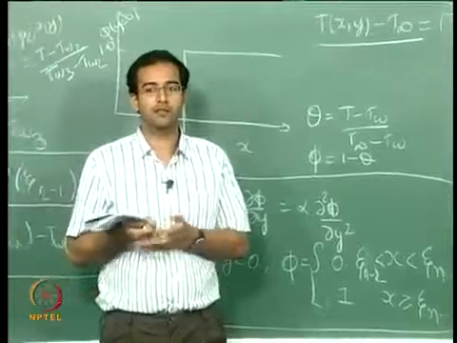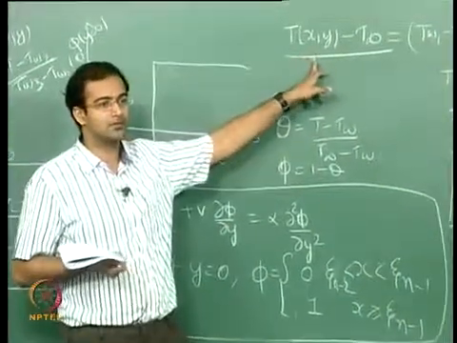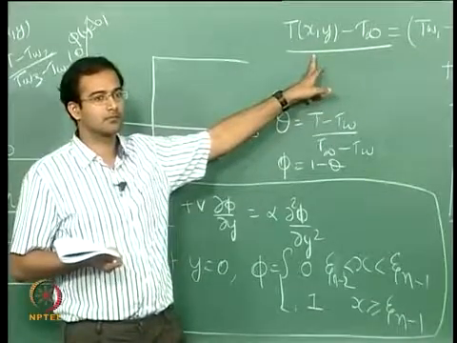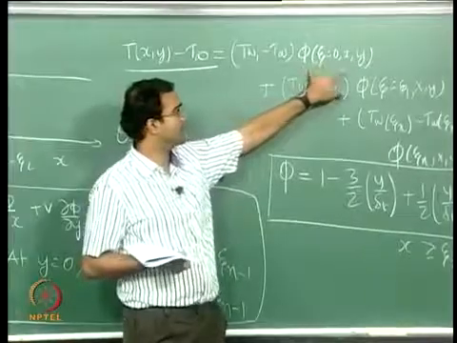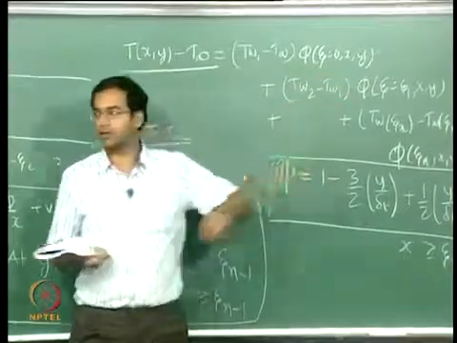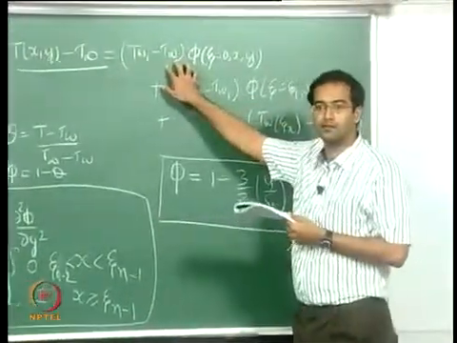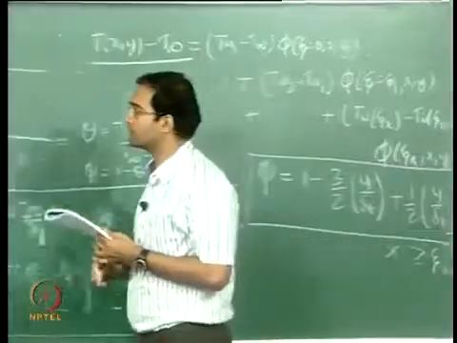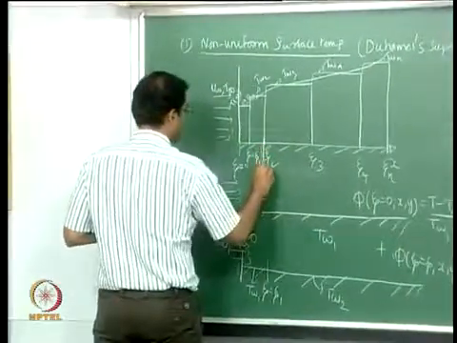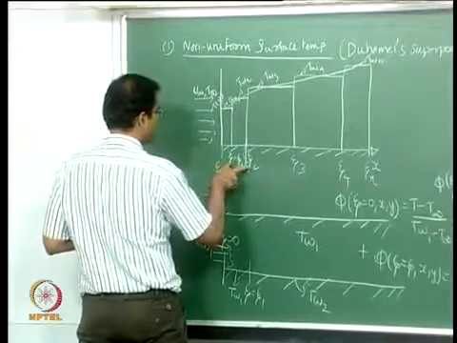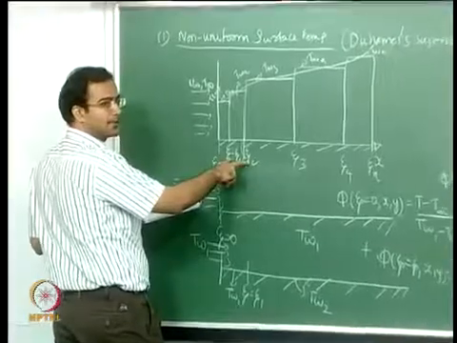The simplest verification is getting the boundary condition itself. You apply this at y equal to 0. Until zeta 1, this profile will be 1 everywhere, so this will be T wall 1 minus T infinity. Suppose you want to check that between zeta 1 and zeta 2 this gives T wall 2 minus T infinity.